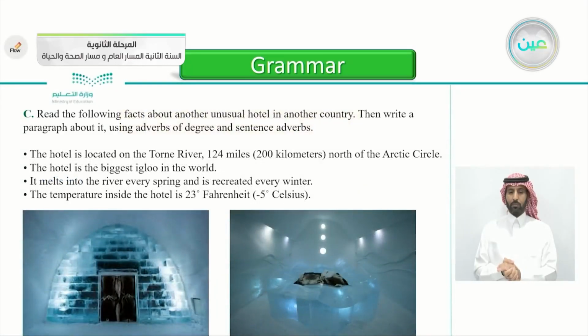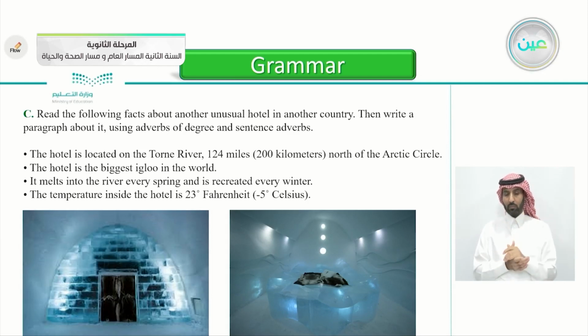Number C here: read the following facts about another unusual hotel in another country. Then write a paragraph about it using adverbs of degree and sentence adverbs. The hotel is located on the Tone River, 124 miles or 200 kilometers north of the Arctic Circle.